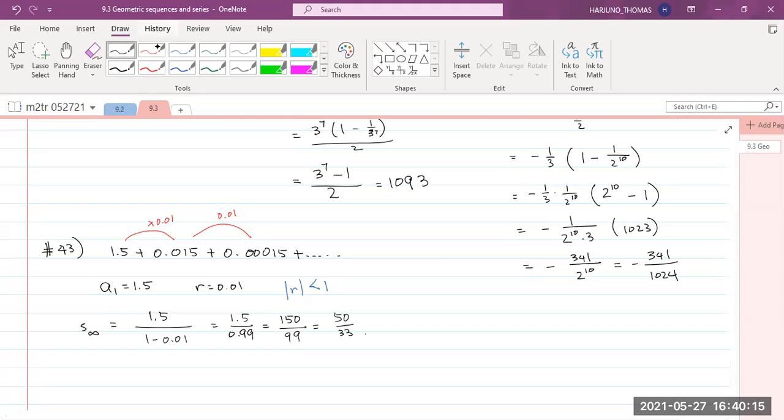Okay, now if the magnitude of r is greater than or equal to 1, then the infinite sum does not exist.